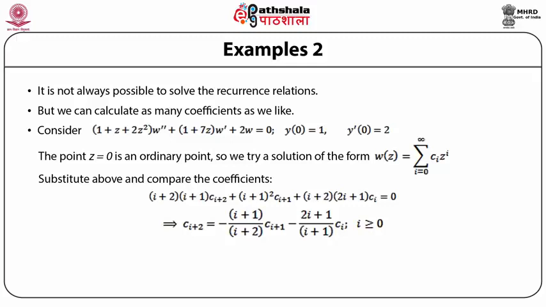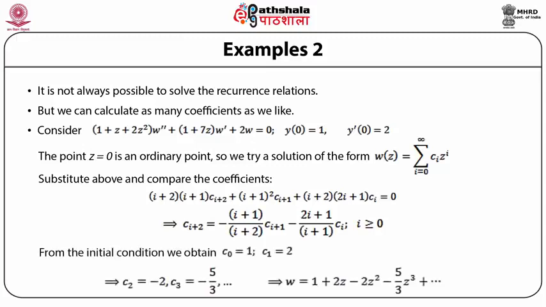The equation is simplified to find the value of c_(i+2) to be equal to minus (i plus 1) into c_(i+1) divided by (i plus 2) minus (2i plus 1) into c_i divided by (i plus 1). This holds for i greater than or equal to 0.